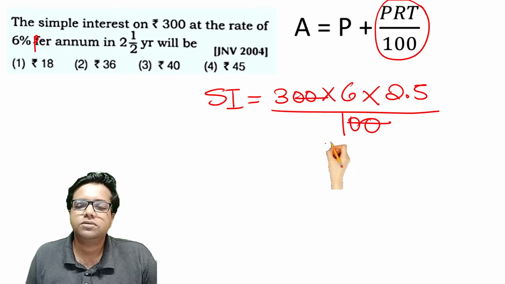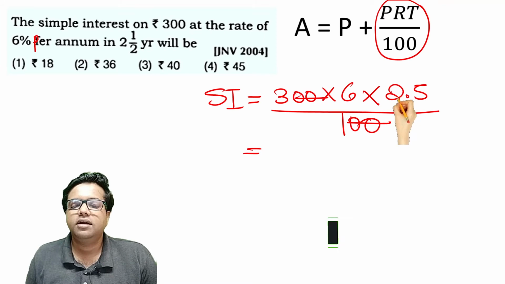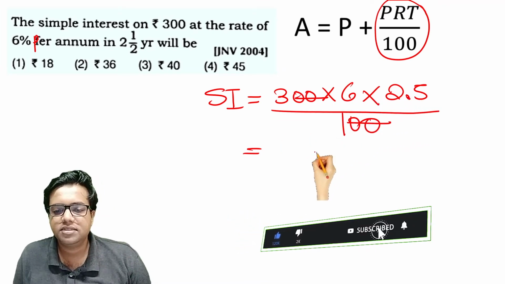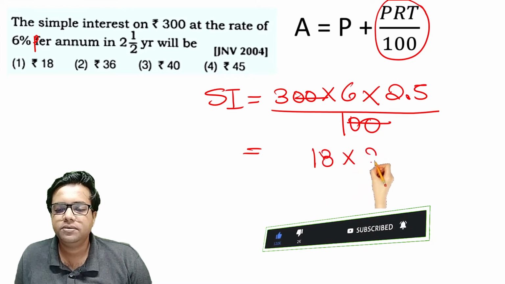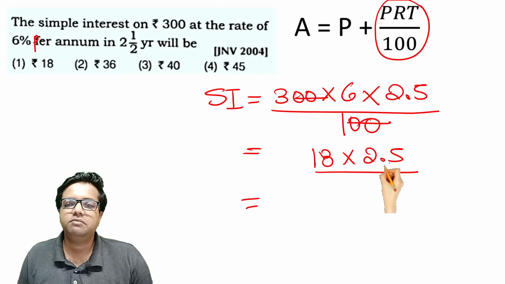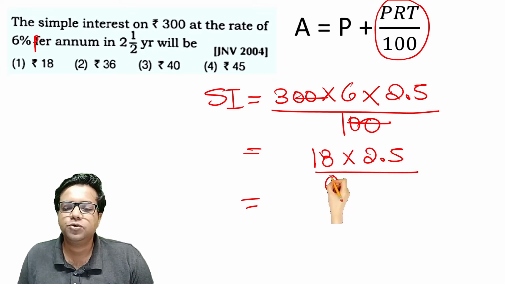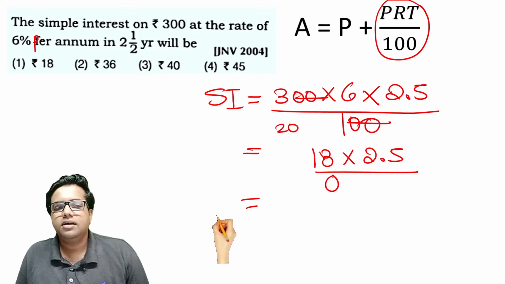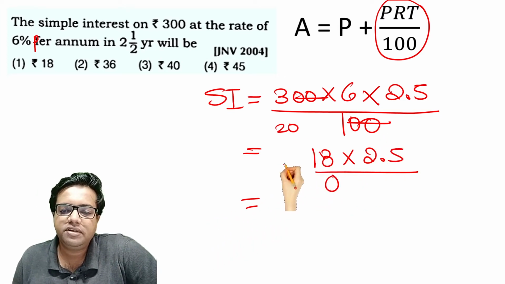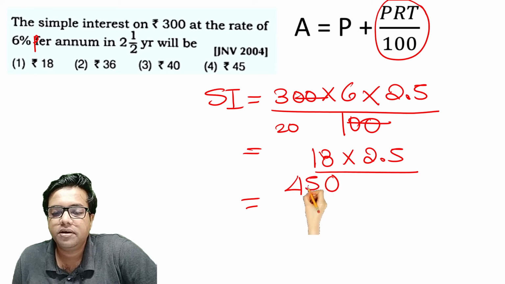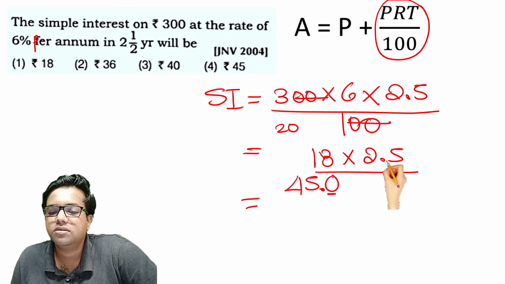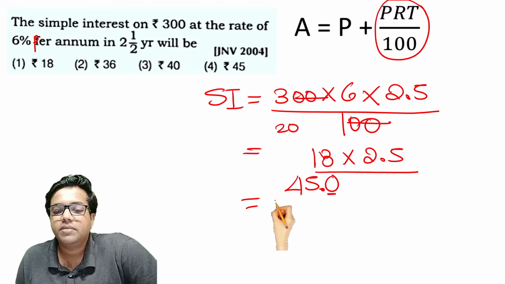These two zeros will go away, and just multiply, don't worry about the decimal point. 3 6 is 18 into 2.5. So when you multiply these two numbers, just multiply with both the numbers. 25 8 is 20 as the carryover, and 25 ones are 25. 25 plus 20 is 45, and after this 45 we need to put a decimal point after one digit, because there is a decimal point in the multiples also.